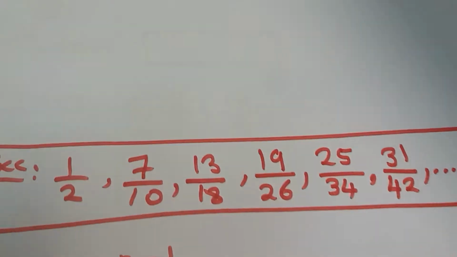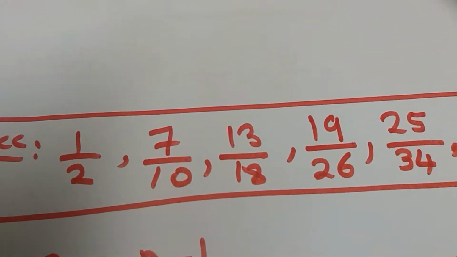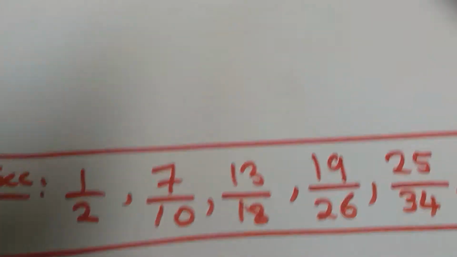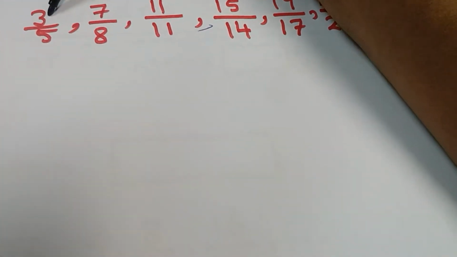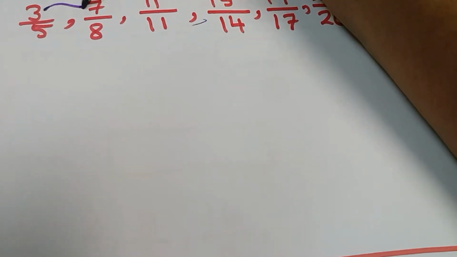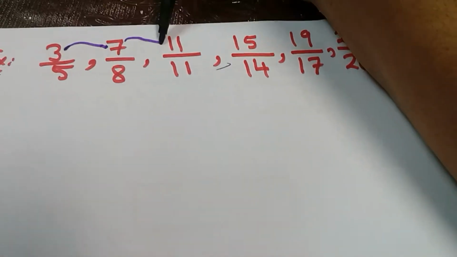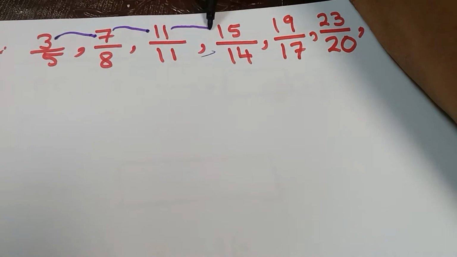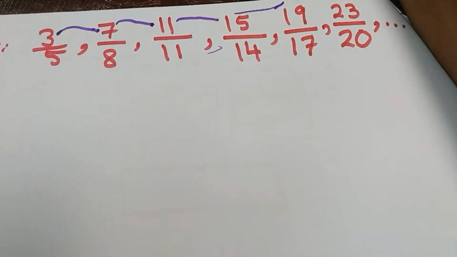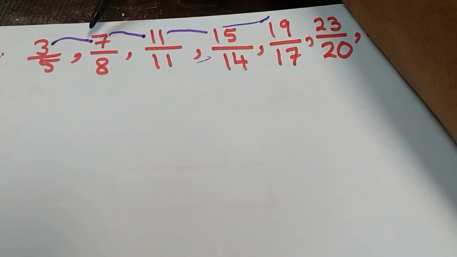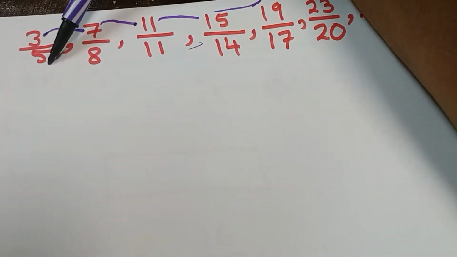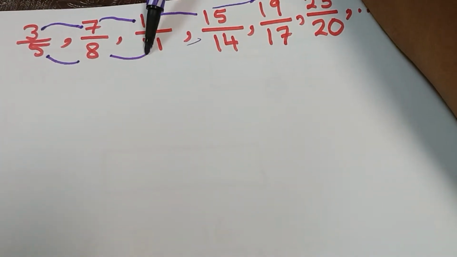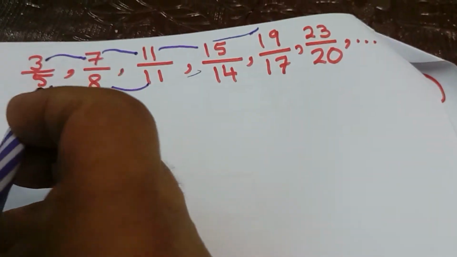Okay, if I take a look, I could see here this is 3, then 7, then 11, then 15, then 19, and so on. Okay, here the difference is just 4, right? And if I take a look here in the numerator, the difference is just 3. So let me work on the numerator.